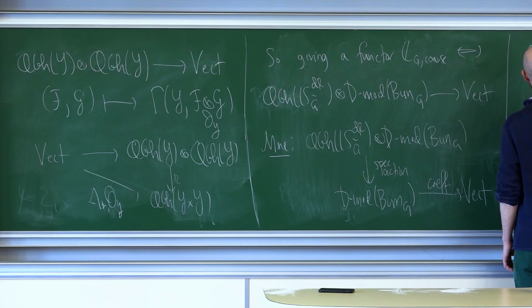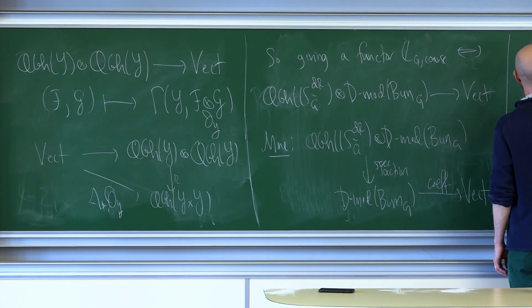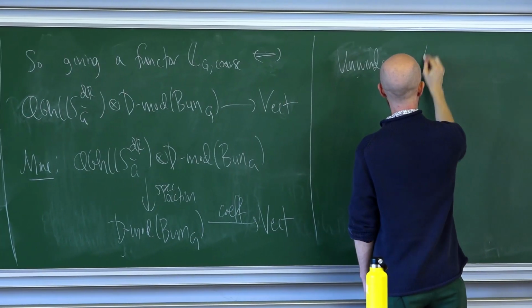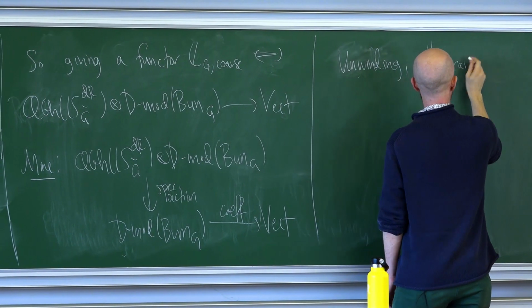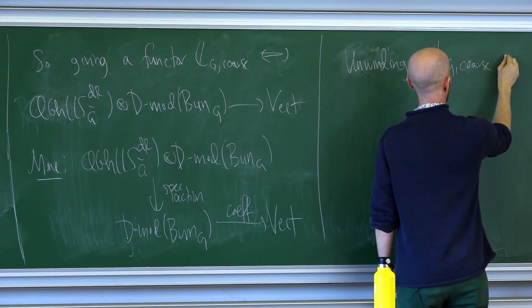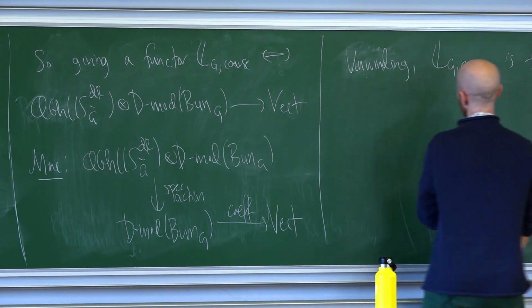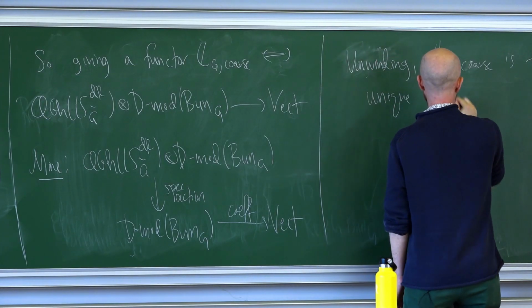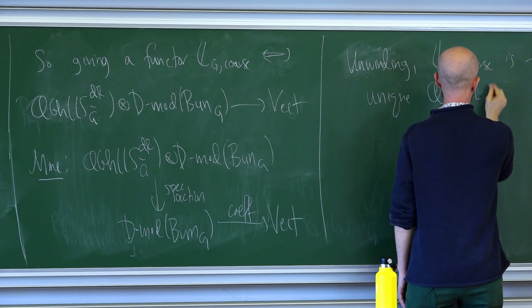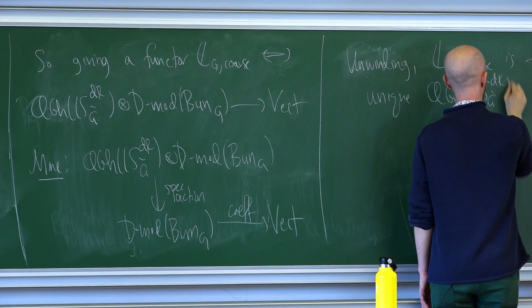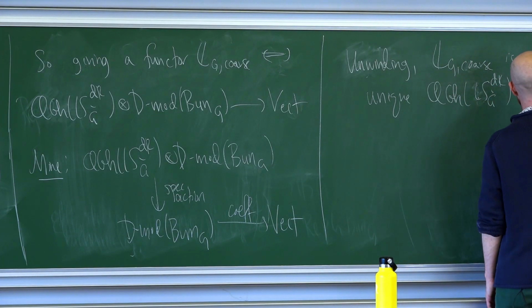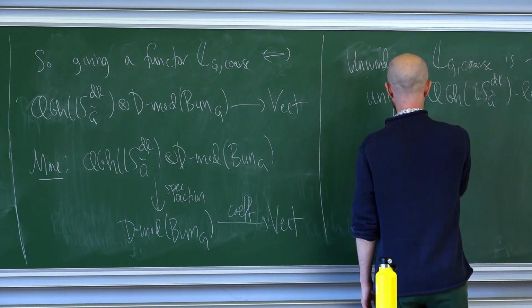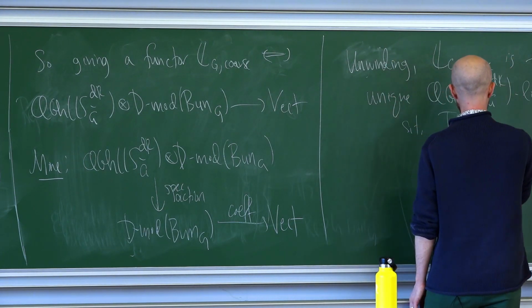So if you unwind a little, this LG coarse is really the unique QCoh of LocSys de Rham linear functor such that the following diagram commutes.